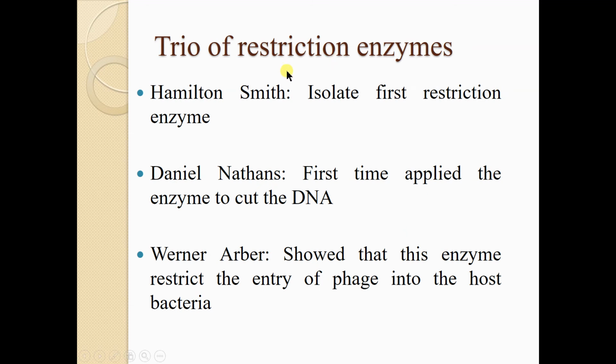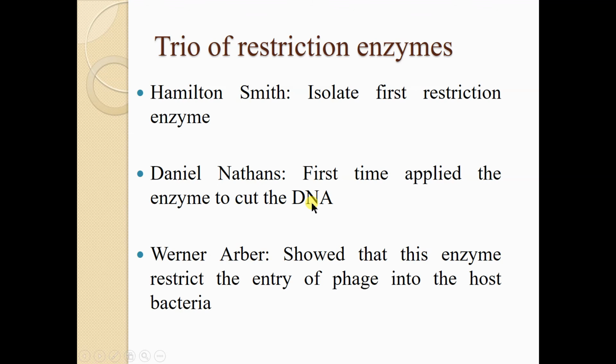Now, regarding the restriction endonuclease enzyme, three different scientists worked on it. Hamilton Smith was the scientist who isolated the first restriction endonuclease enzyme. Then Daniel Nathans for the first time applied the enzyme to cut the DNA.